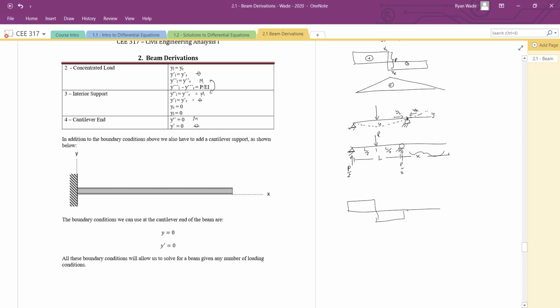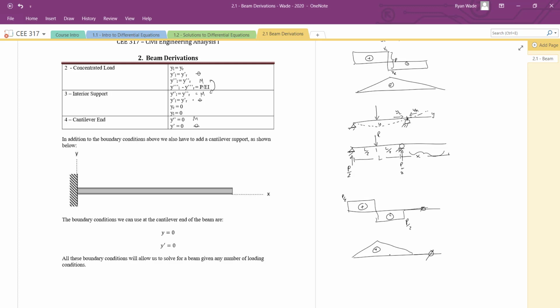It's still going to look like that, but now there's going to be nothing in here, right? Because if it's P over 2, this is P over 2, it's positive and negative. And then we draw our bending moment diagram. It's just going to look like that, and there's going to be a region of 0 bending here. So if it's 0 on both sides, then the second derivative and the first derivative are equal to 0. Yeah, we'll get to the rest of that in a minute.